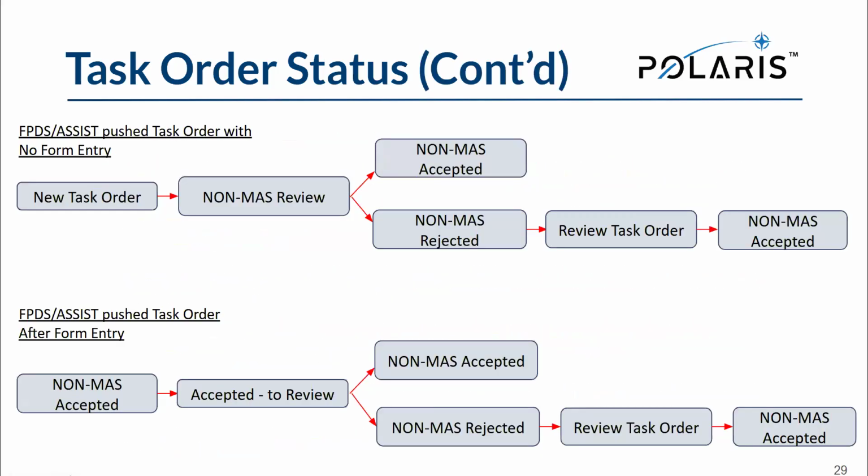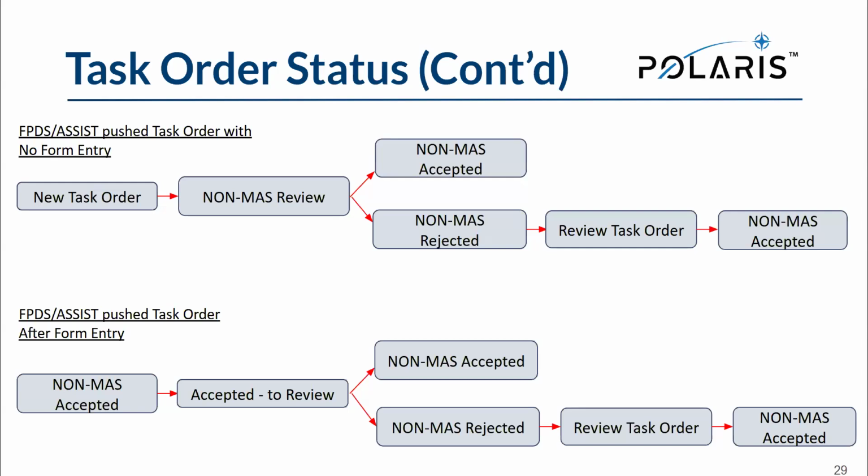Here is a visual chart showing the task order statuses from when they are received in SRP to when the task orders can be reported upon. A task order needs to be in a non-mass accepted status before you can report invoicing sales, mods, and other transactional data. There are two slightly different statuses depending on when FPDS or Assist data is pushed into SRP.